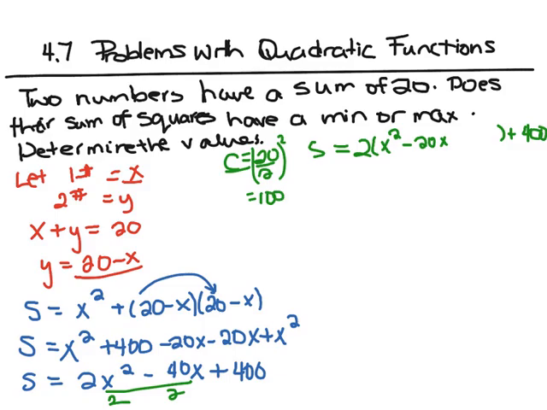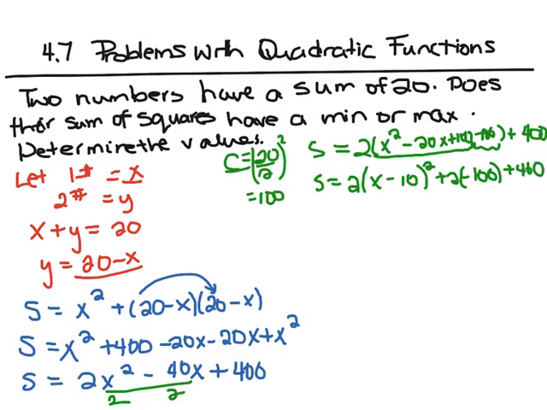So we're going to add 100 and subtract 100. So S equals 2 bracket, we're going to factor this, x minus 10 squared, and we're going to bring this out. Plus 2 times negative 100 plus 400.